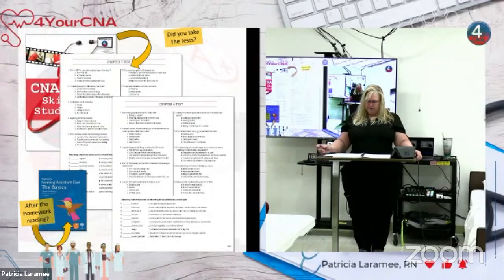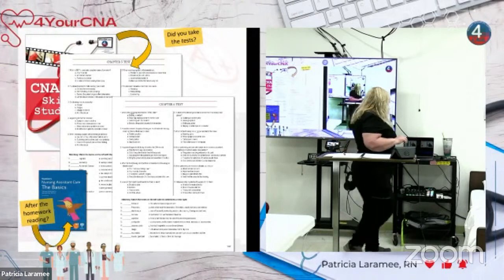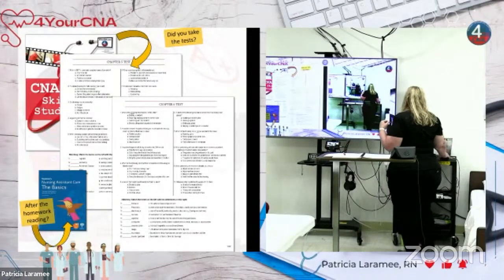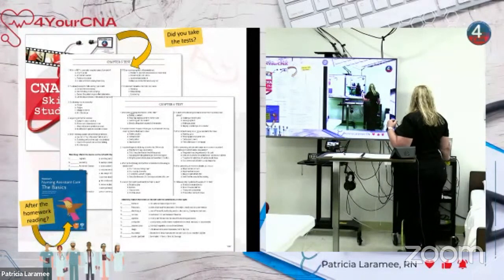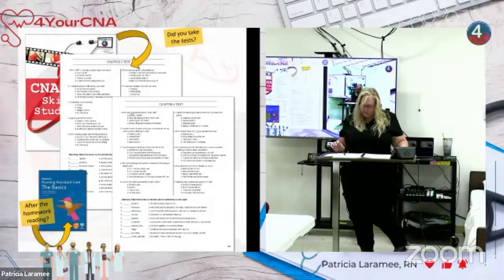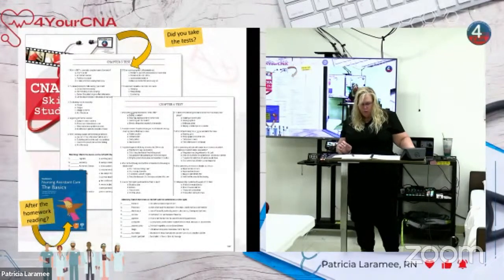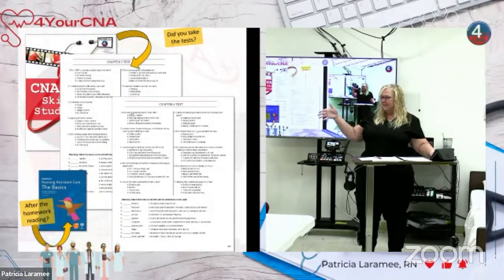We are going to learn 4 skills. We are going to learn range of motion, elbow, and wrist. We're going to learn denture care, which is mouth care with an extra step.